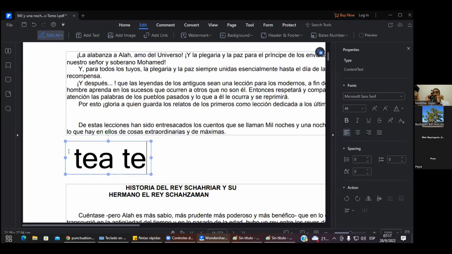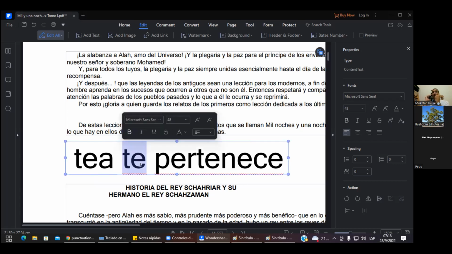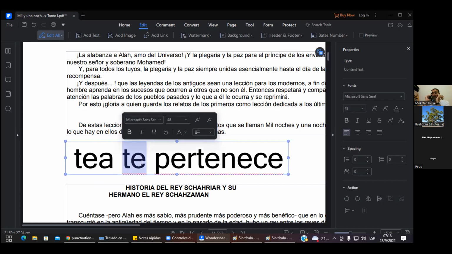And te is also a pronoun that means to you. Te pertenece. It belongs to you. The letter te without the accent will be something like yours, to you, for you.